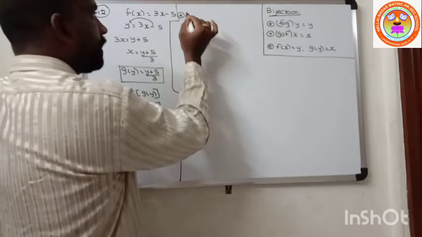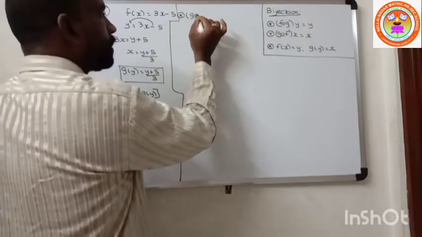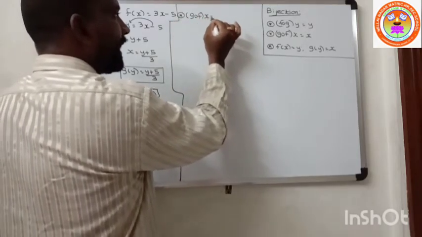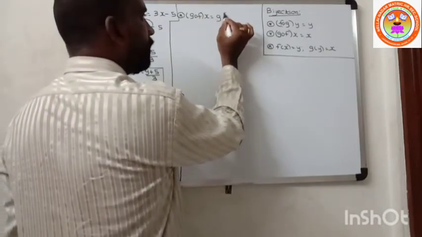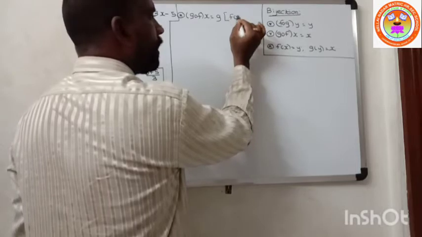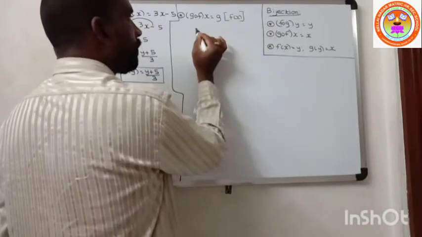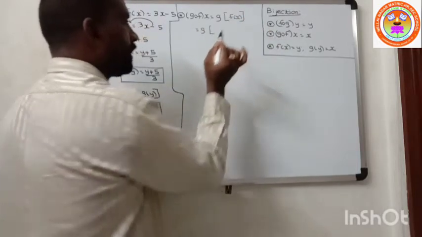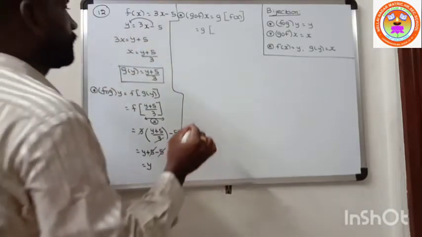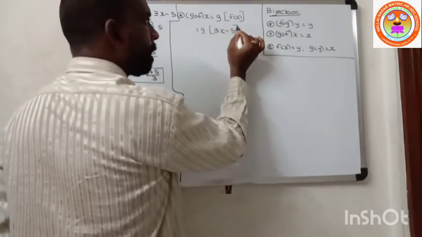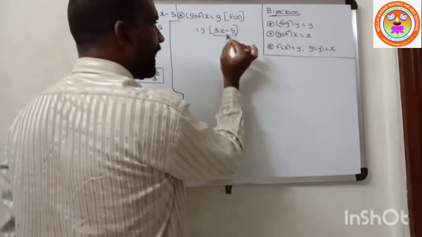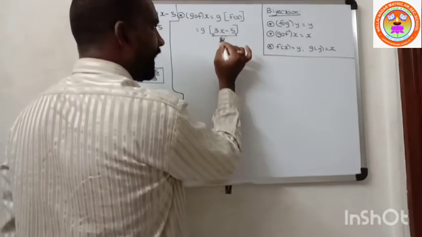Second condition, g composite f into x. Formula g of f of x. G of f of x, 3x minus 5. The bracket term you take it for y.